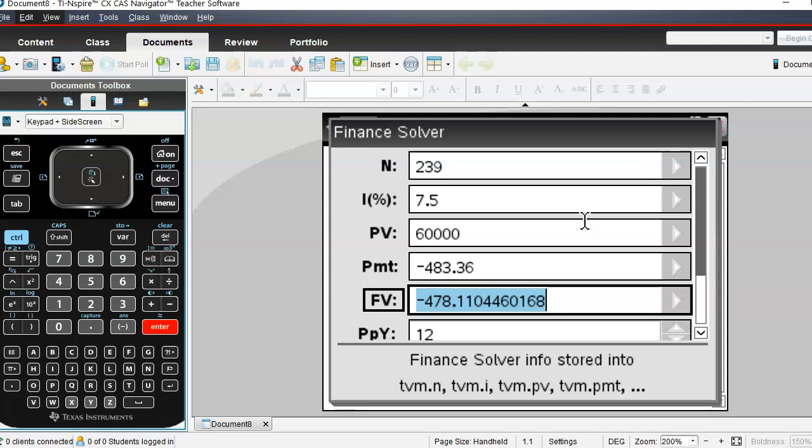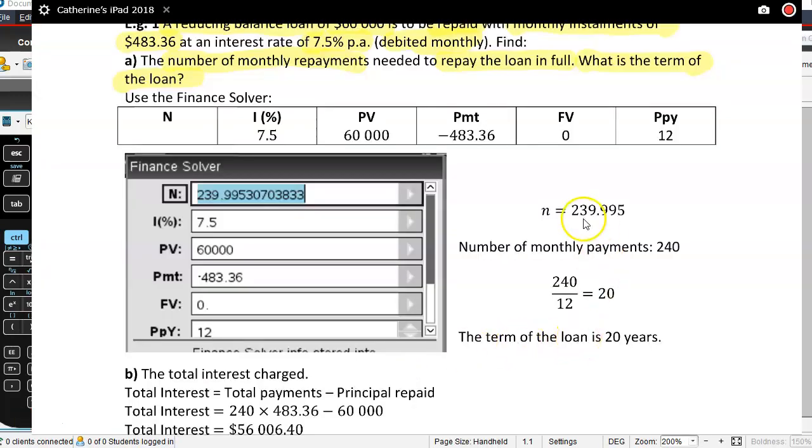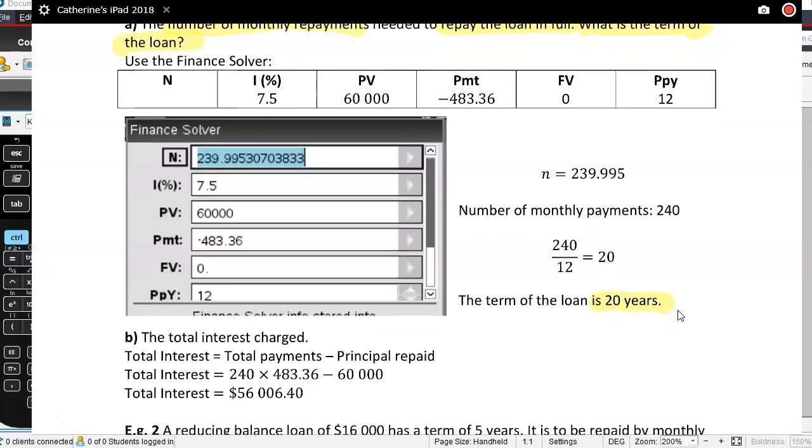So that last month, I might have an adjusted payment, but it's still going to be more than 239 months. It's that 240 payments. So 240 payments, 12, which is monthly. So the term of the loan is 20 years.